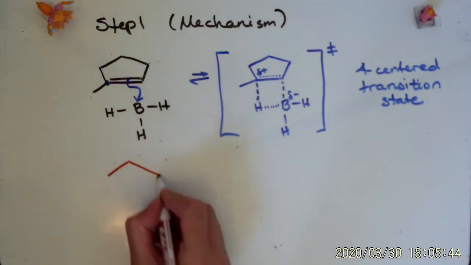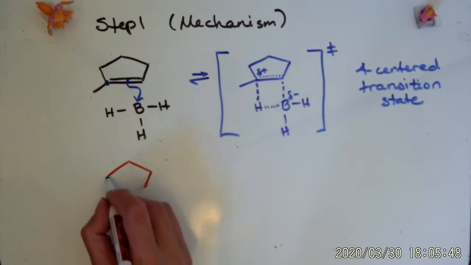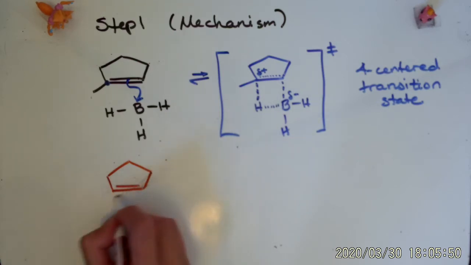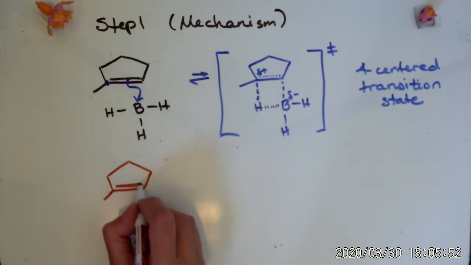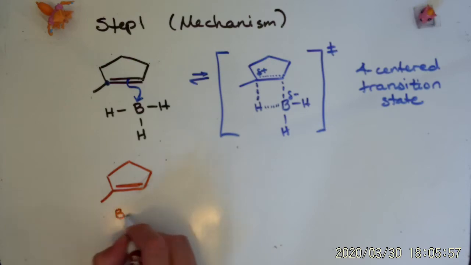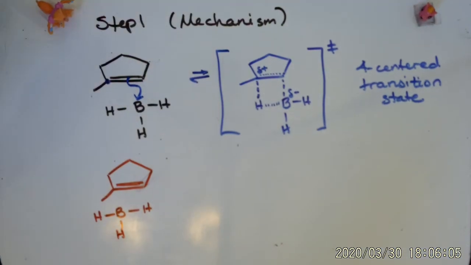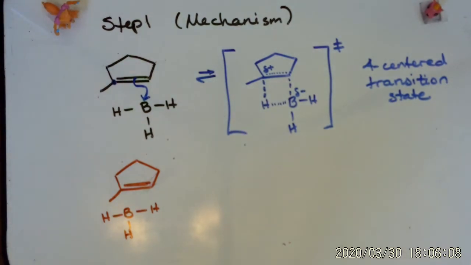So here I have two ways of orienting the boron, right? Here again is my 1-methylcyclopentene. But what happens if I put my boron this way? Okay. So you can see I can put the boron either way. I mean, the molecules aren't really going to care how I draw them out, but I'll tell you at what point they will care.